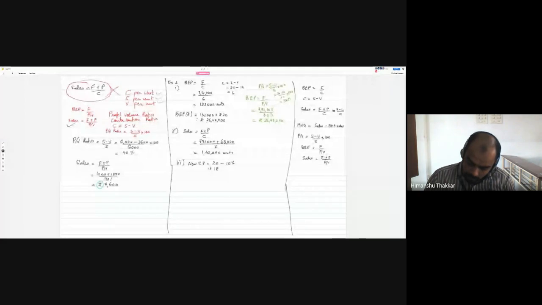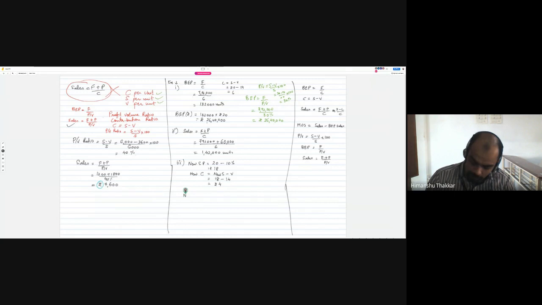So now you find out the new C. New C is new S minus V. So new S is 18. The V remains the same, 14. So your new C comes out to rupees 4. Now put this C in the formula.